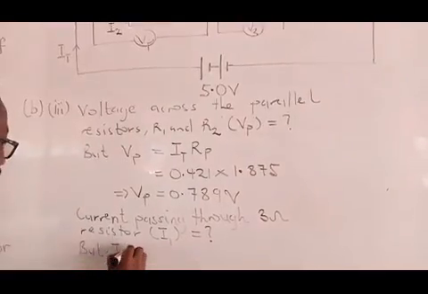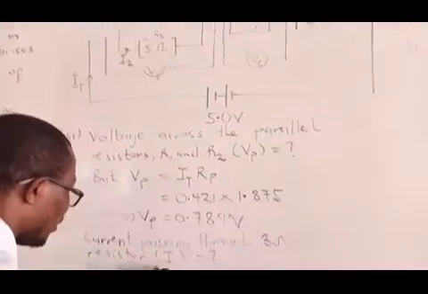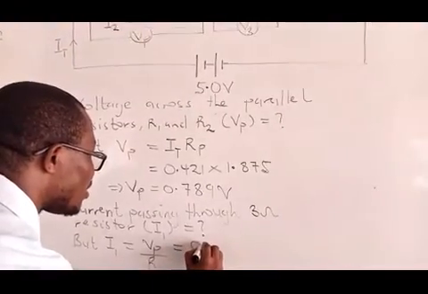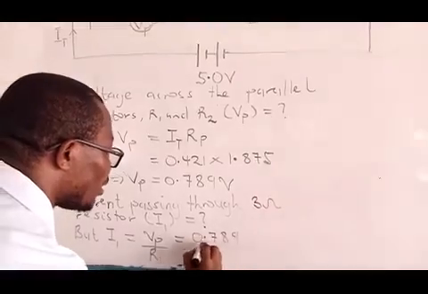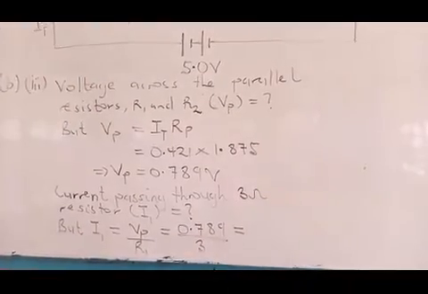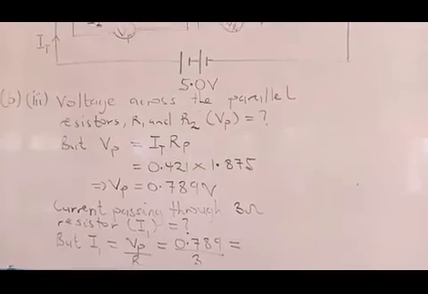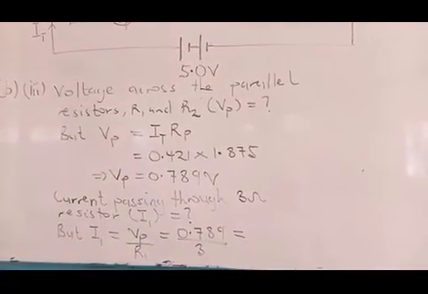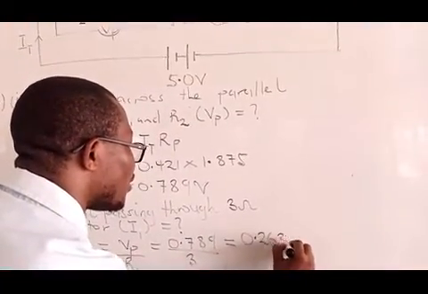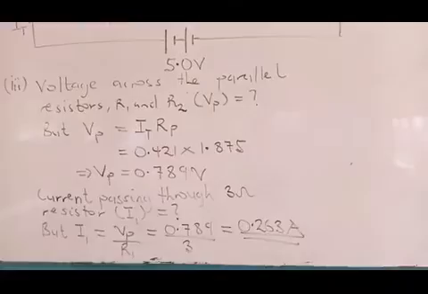But as I said, your I1 will be the voltage across the parallel connection, which is VP, over the R1. So that is VP over R1. Our VP is 0.789 over R1, which is 3. So that gives you 0.263 amperes.